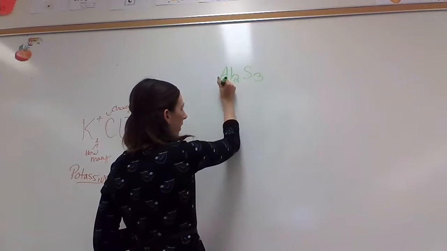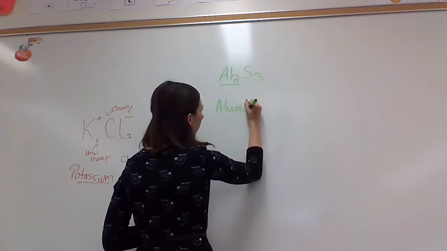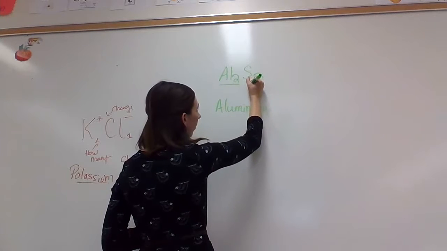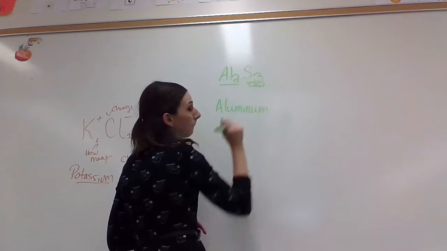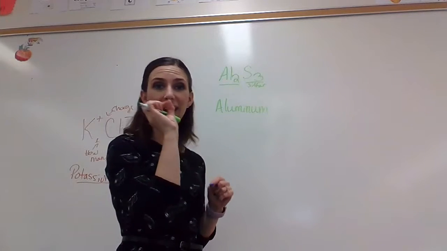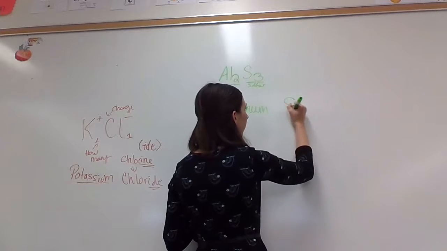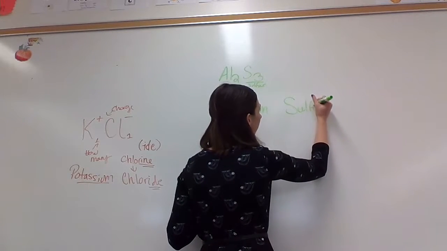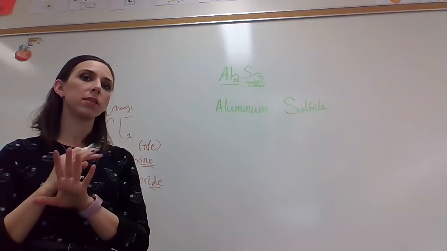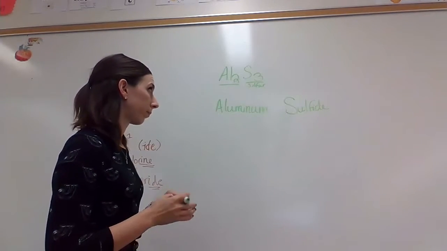So you're going to say, okay, this one right here is aluminum. This one right here is sulfur. But it's an anion, so those negatively charged ions are going to have that -ide suffix. So this is going to be aluminum sulfide. And this has no transition metals, nothing crazy in it, so it's just aluminum sulfide.